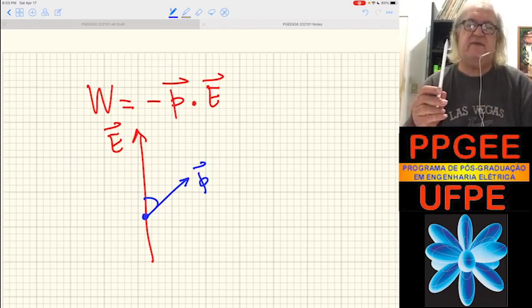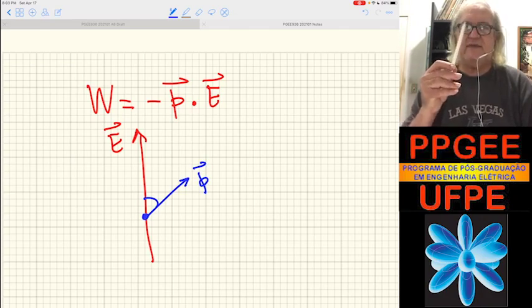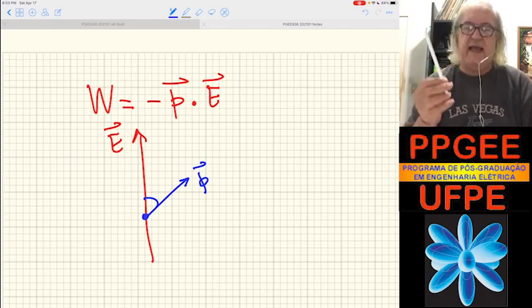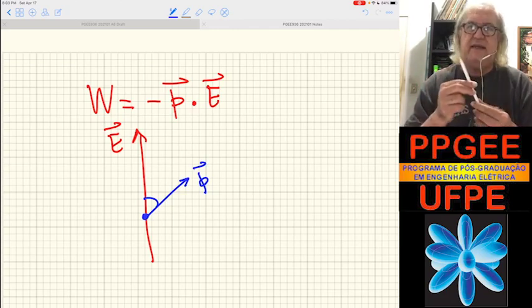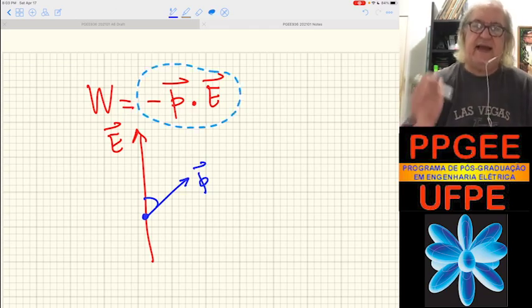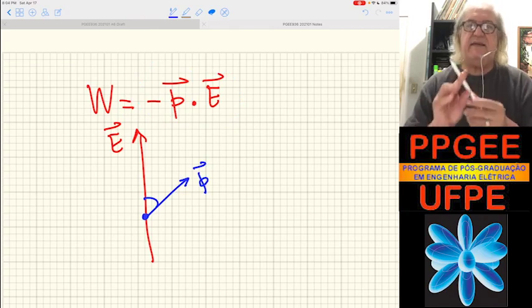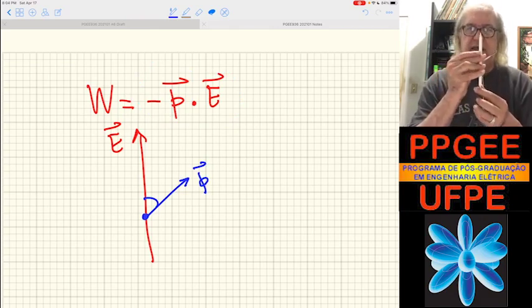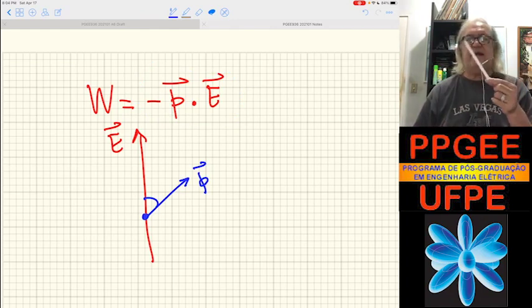It interacts with other dipoles, other things, and it's going to relax. So the tendency is that the energy of the system is not going to increase. It has to go down. So the minimum energy occurs when this is maximum. I mean, it's minus the maximum value, and that happens when P aligns with E. So that's why the tendency of any dipole is to align along the applied field.